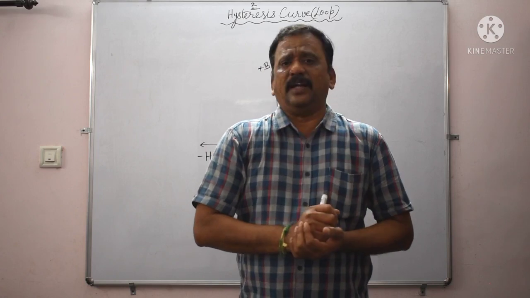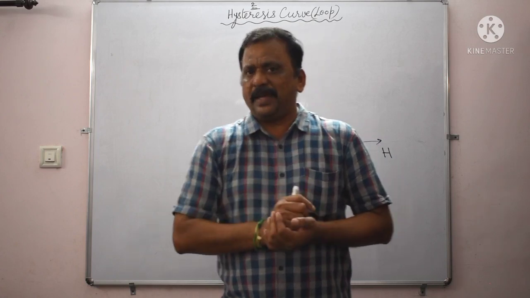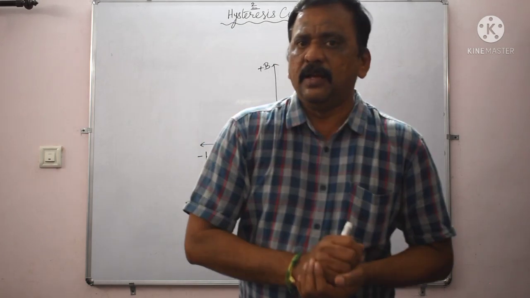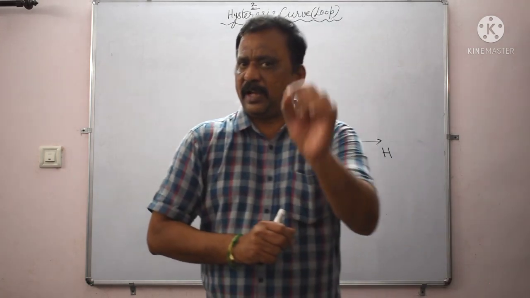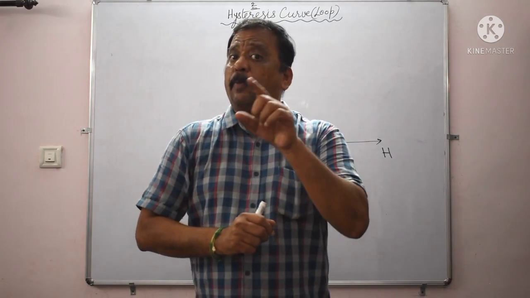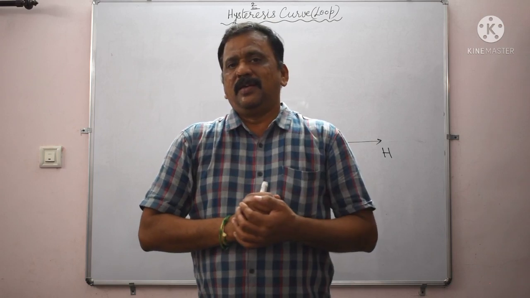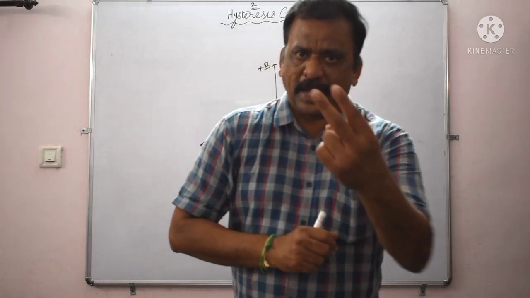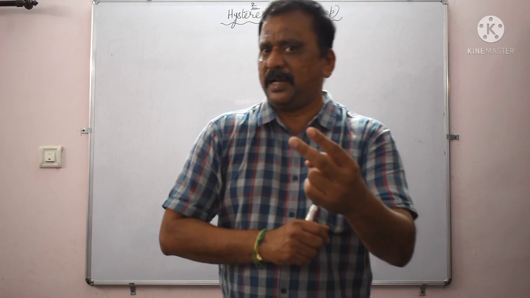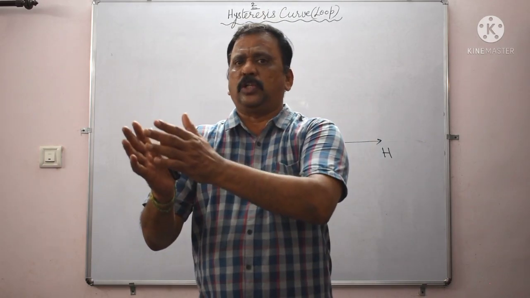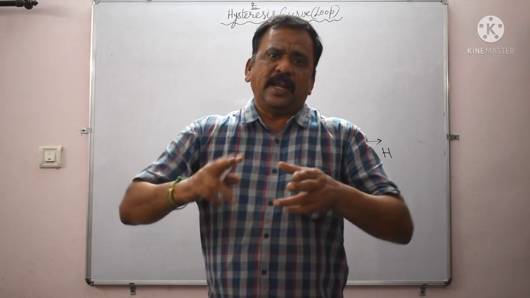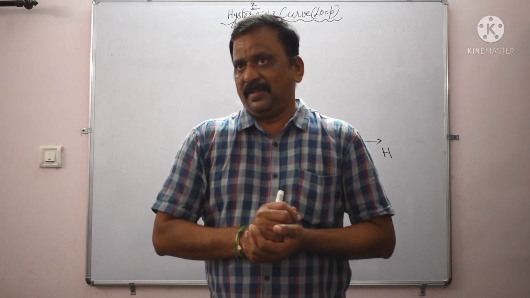Right, now the thing is that the variation of B, that is the induced magnetic field, with respect to the magnetizing field H will not be proportional. That is, if I increase H 2 times, I told you when I increase the magnetizing field, the magnetic field induced in the specimen will increase. But the increase will not be proportionate.